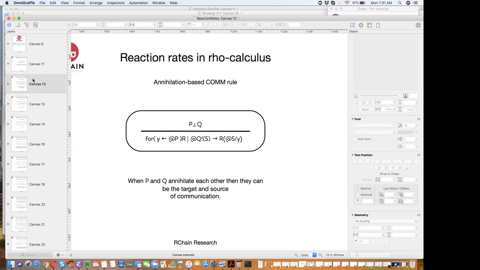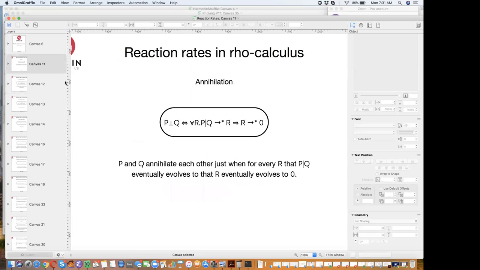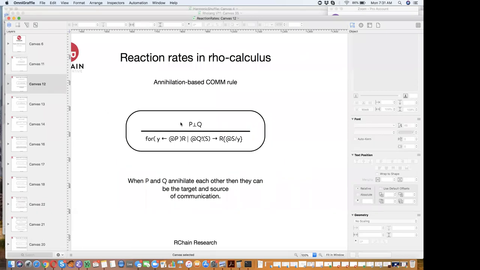So if P annihilates Q, then we can use the @P and @Q as source and target for the com rule. Now, anybody who's paying attention here will note that annihilation uses evolution, which is based on the com rule. And now we've just plugged that into the hypothesis for reduction. So do we actually get off the ground? Is there a loop here?